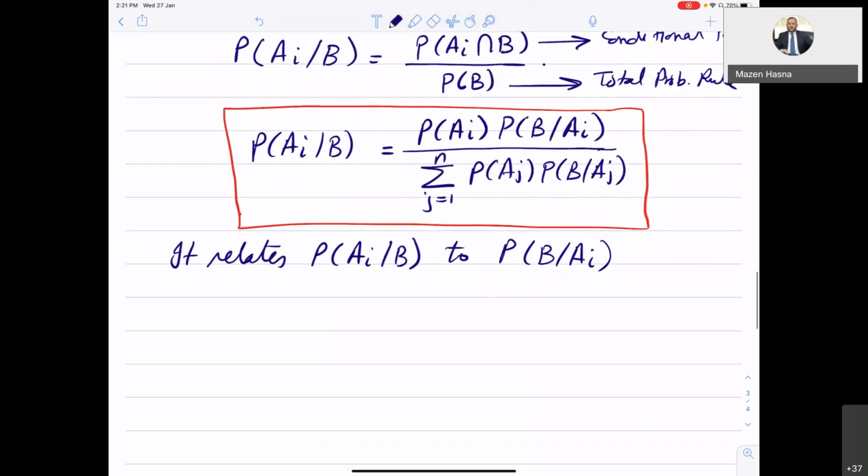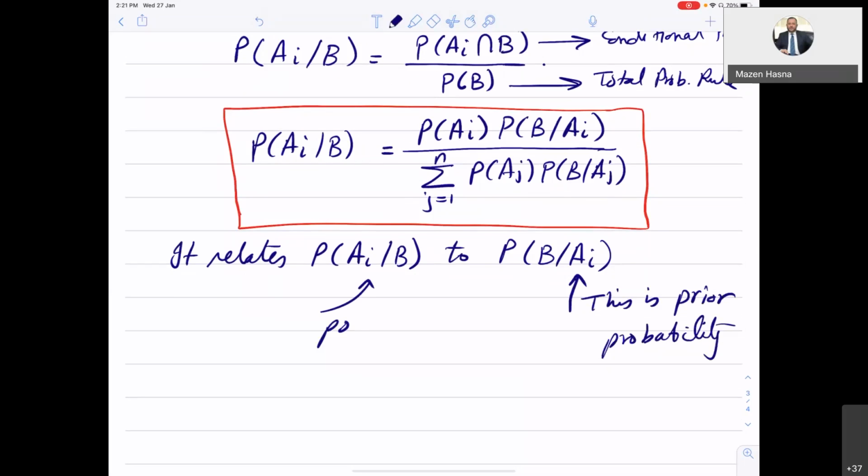Since we assume that A_i happens, this is the prior probability. And this one is the posterior probability.